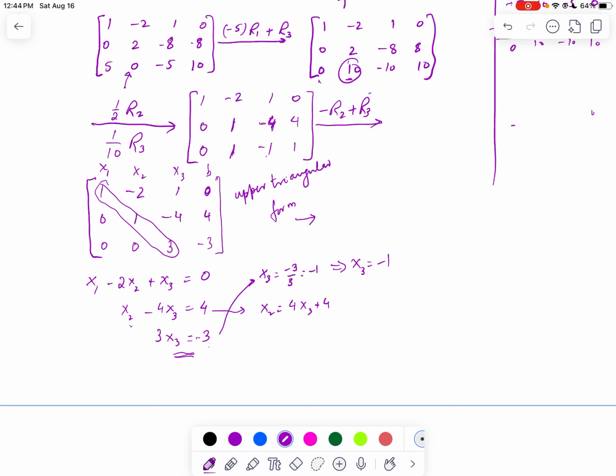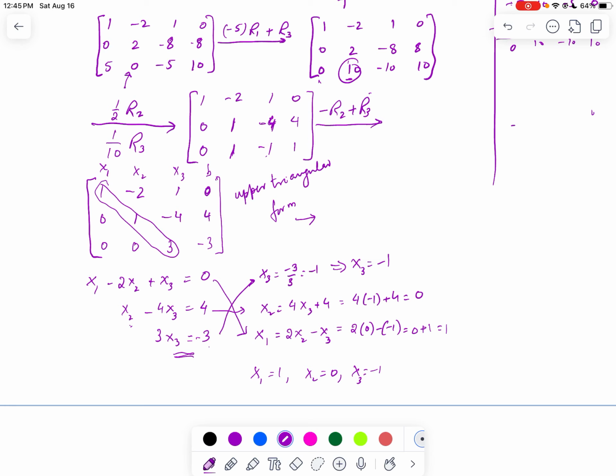But x3 is negative 1, so I substitute that, and this gives me 0. Now from the first equation, we can get x1 equals 2x2 minus x3. Plug in 2 times 0 minus negative 1. So it is 0 plus 1, which is 1. So we have x1 is equal to 1, x2 is equal to 0, and x3 is equal to negative 1.